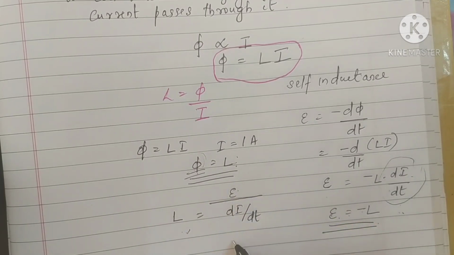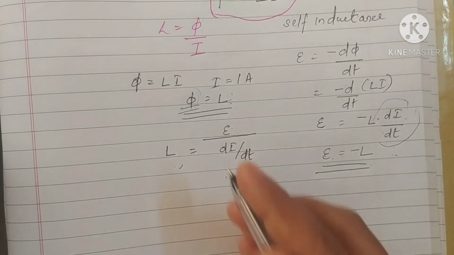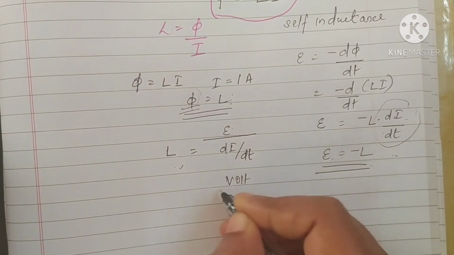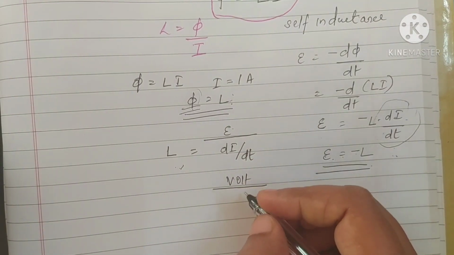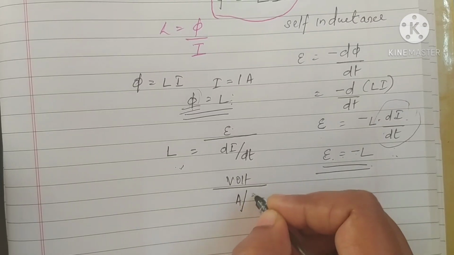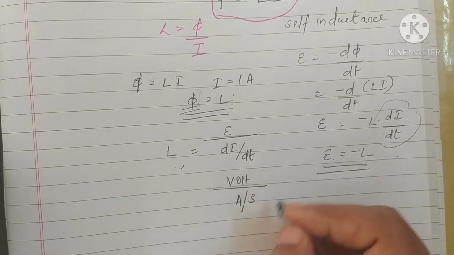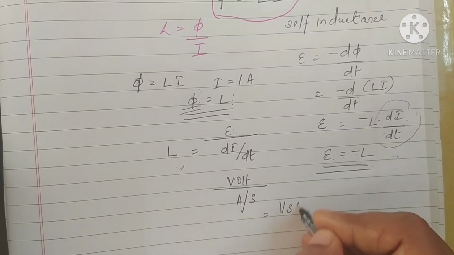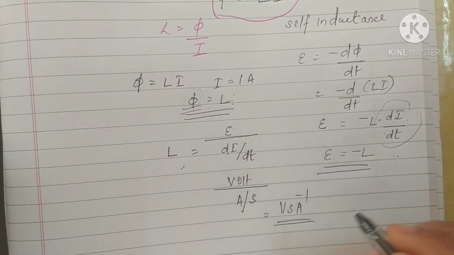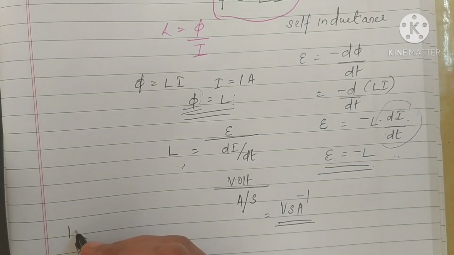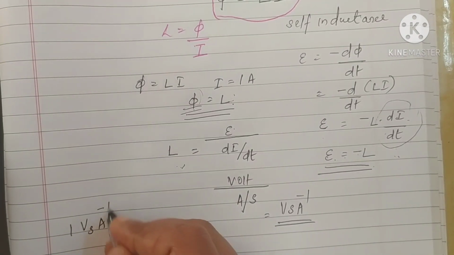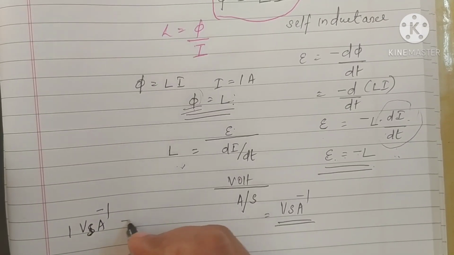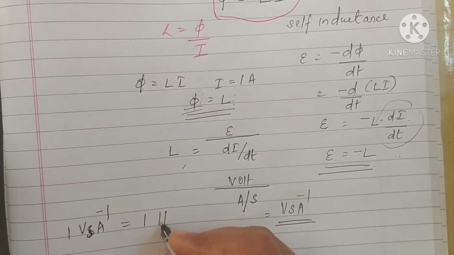For E it is volt, V, divided by ampere per second, or you will get V S A raised to minus 1. That is, 1 V S A raised to minus 1 is actually called 1 Henry.